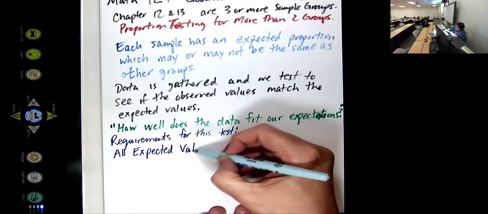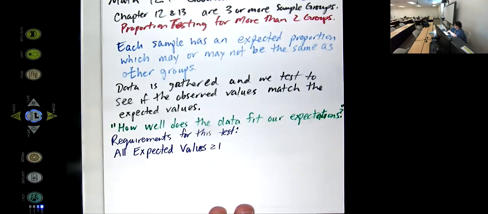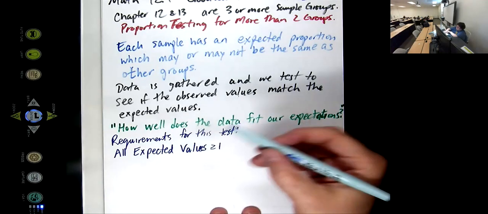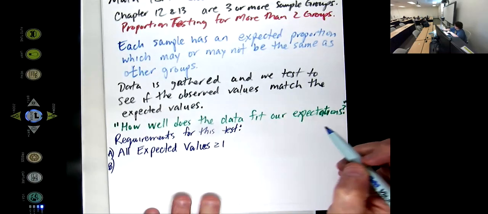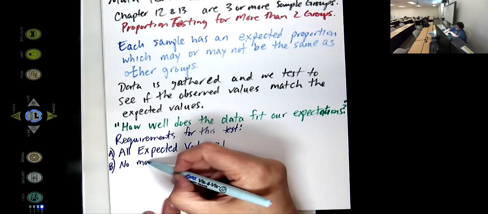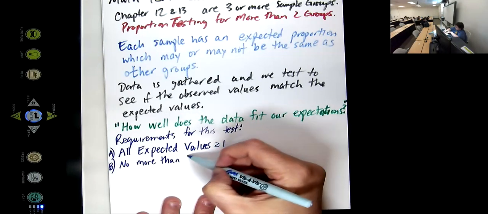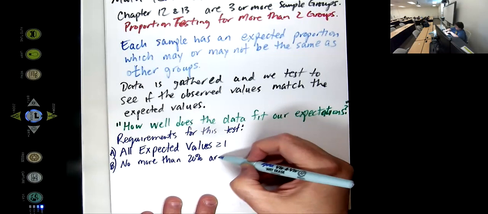All expected values must be greater than or equal to 1. And if we're talking about proportions, that should sound silly, because they're all less than 1. And that's the first requirement, requirement A. Requirement B is no more than 20% of them are less than or equal to 5.